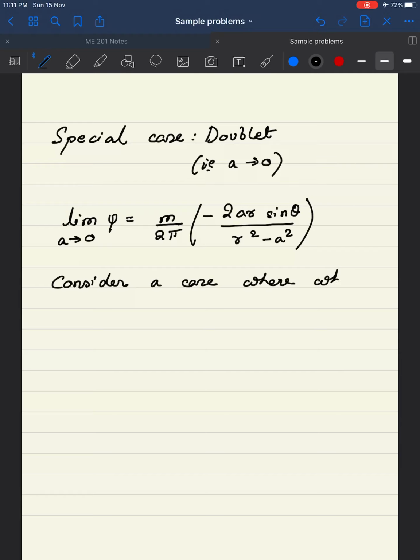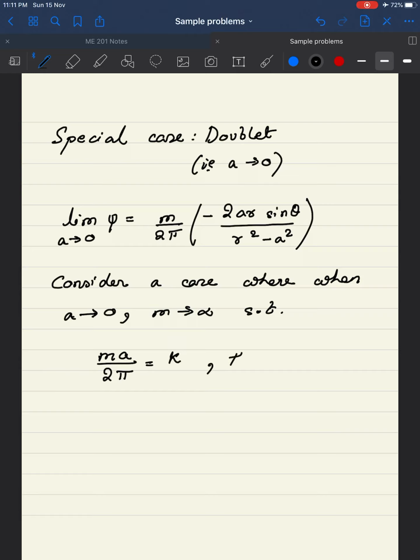when a tends to 0, m tends to infinity such that, now m tends to infinity is not enough, so you have to tell how it is tending to infinity. So we say that ma by 2 pi is equal to some constant k.